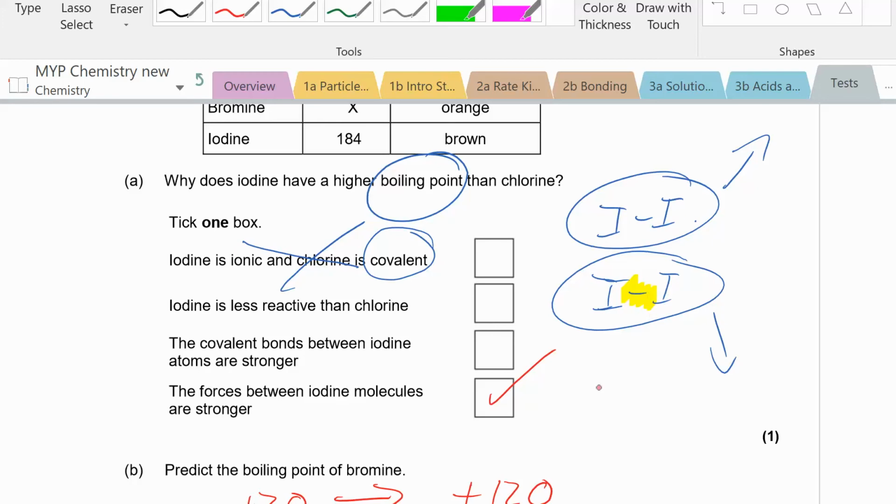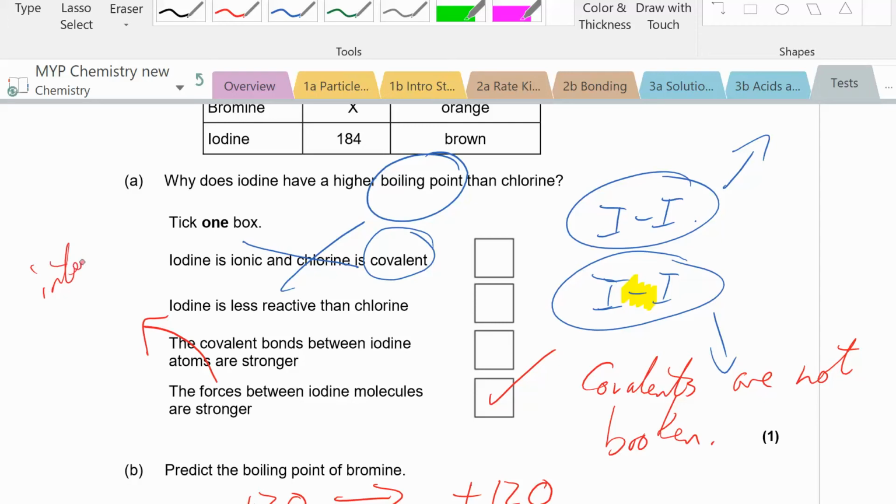So it's the intermolecular forces between iodine molecules that are stronger. Covalent bonds are not broken, but it's the intermolecular forces that are being broken or overcome.